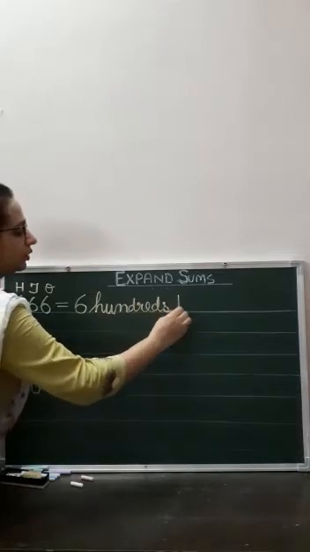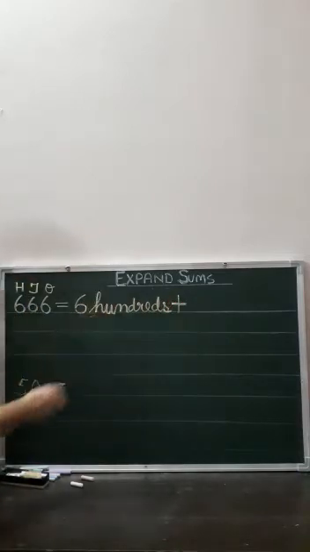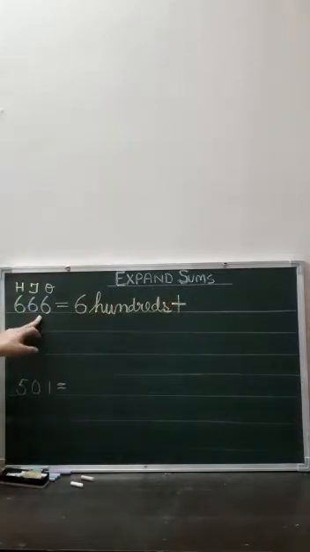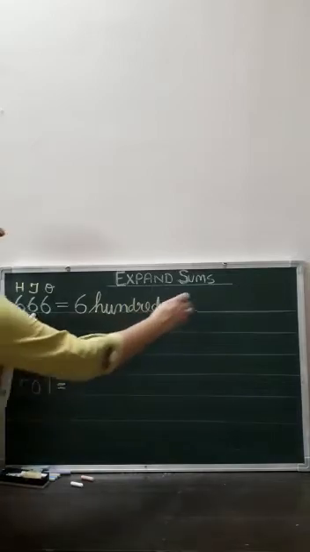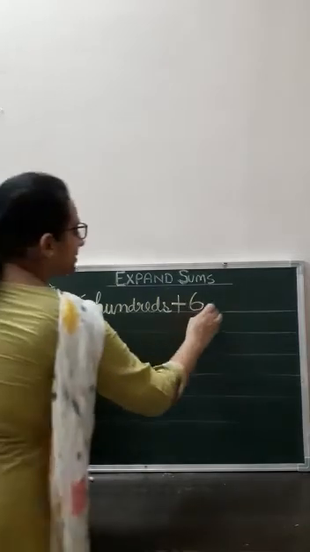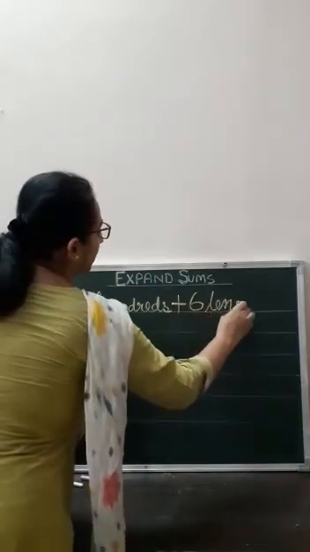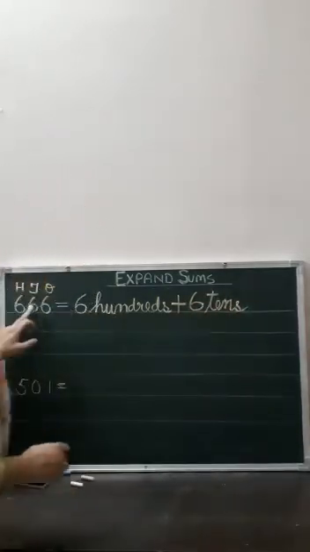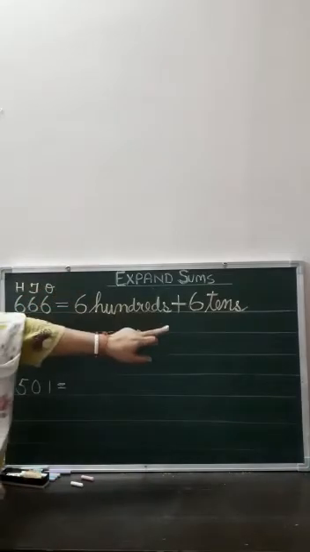Now we know it is the addition of place value of all the digits present in it. So the second number is 6. Again 6. It is on which place? It is on tens place. So we will write 6 tens.